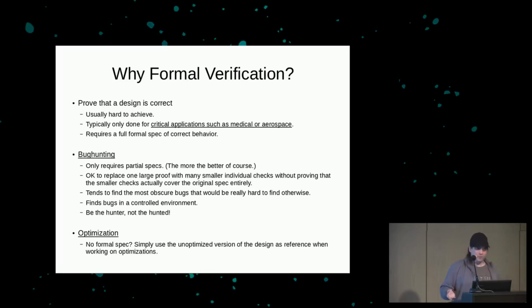If there is a problem somewhere, then you would find this by formally verifying your optimized design using the unoptimized design as specification. In this case, this would be very similar to formal equivalence checking. However, there are cases where your optimization reduces the number of cycles needed to produce the same result.